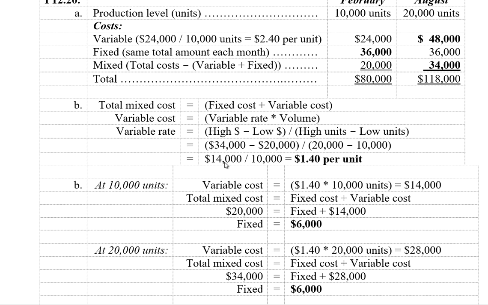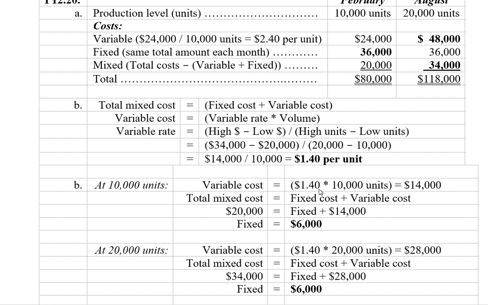So we take 14 and divide it by 10,000, and we get $1.40 per unit. Now, let me just tell you what that tells you. It tells you what the change in units are as they fluctuate. So we know, or suspect real strongly, that $1.40 is the amount of variable per unit.